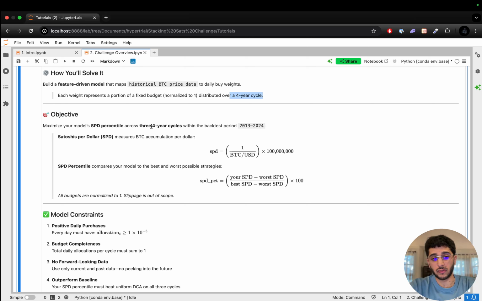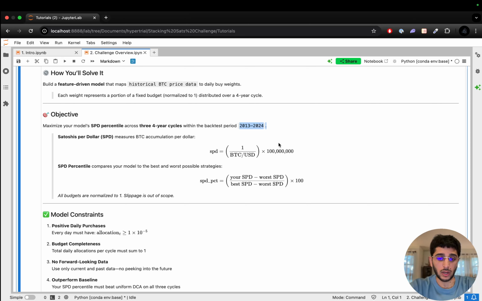So using the 4-year cycles that we defined earlier, this backtest period gives us 3 separate cycles to consider our bang for our buck, or how well we accumulate Bitcoin relative to the best and worst possible ways that you could possibly do it. So if you want more clarification on this, watch the earlier video.